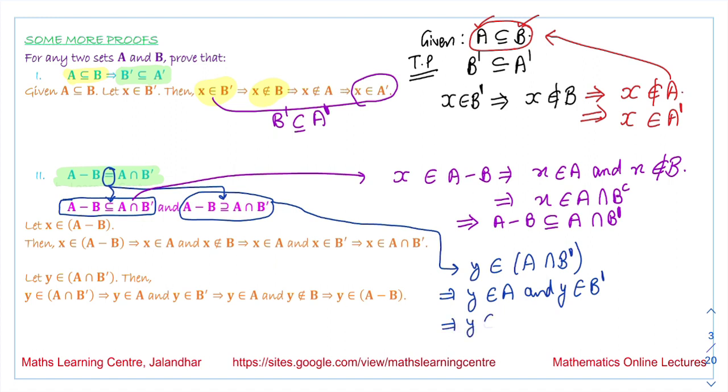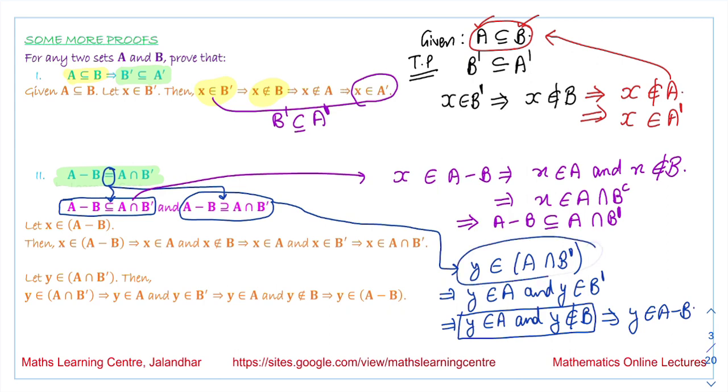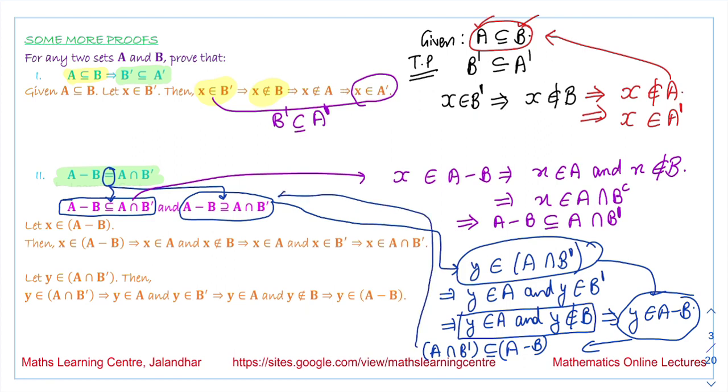This means Y belongs to A and Y does not belong to B. And this is the definition for Y belongs to A minus B. So this implies that A intersection B complement is a subset of A minus B, and this is what we have to prove in our second part.